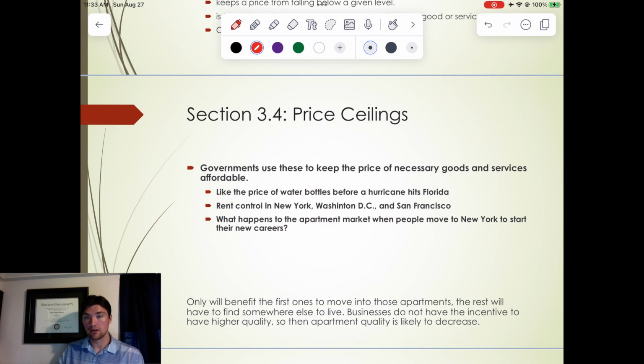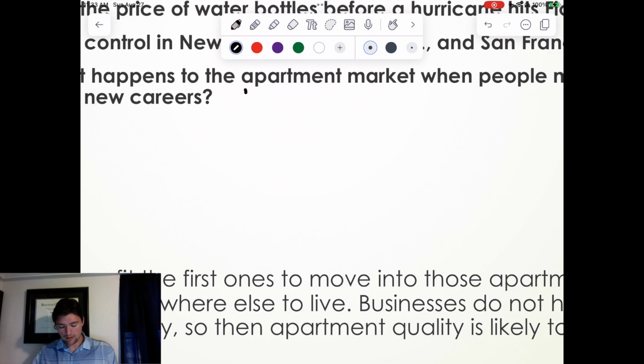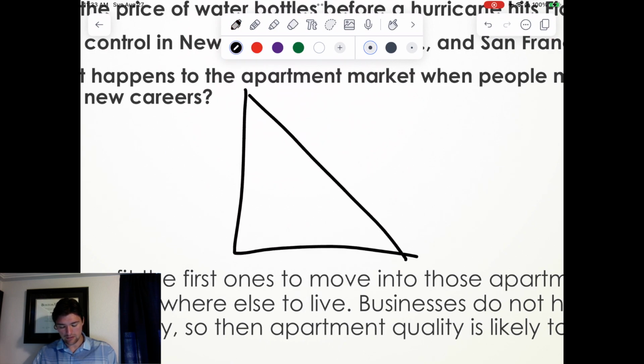Okay, so what's happening? We're having more people move in, more buyers, more population. Because there's more buyers, what happens to demand? Demand will increase.